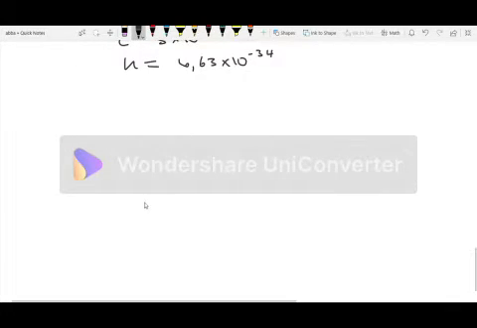So now, for an electron to be released from the surface of a material, energy has to be added to that material, right? That's what I want you to know. The added energy needs to overcome the forces that the ions of the material exert on the electron.